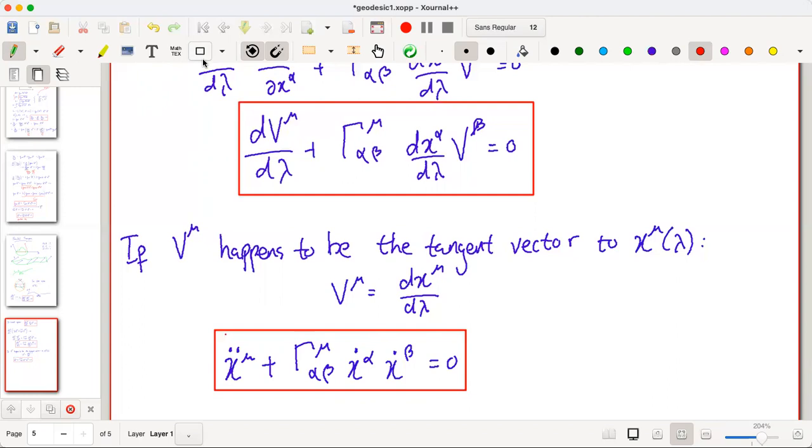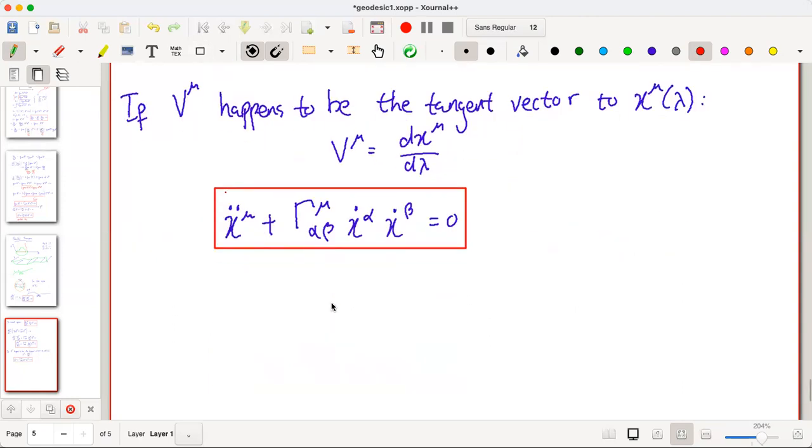If the curve you pick is the geodesic curve, then you can successfully do the parallel transport of your tangent vector along that curve. In other words, the path of parallel transport of a vector along any arbitrary curve is the geodesic curve that you can draw from initial point to the final point. Okay, any question about this?